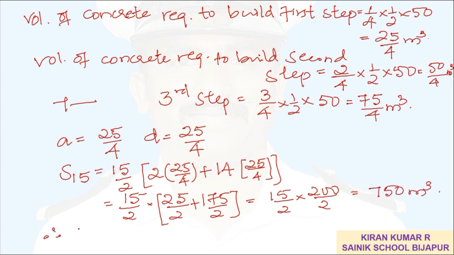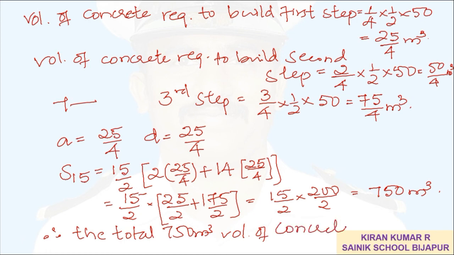Therefore, the total 750 meter cube volume of concrete is required to build the terrace.